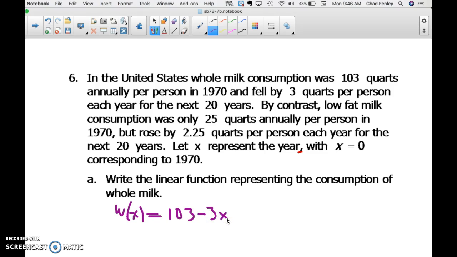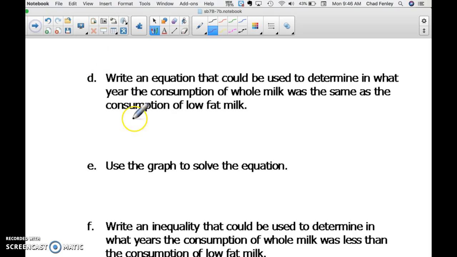It started out at 103 and was being reduced by 3 quarts per person each year. We'll call that W of X.